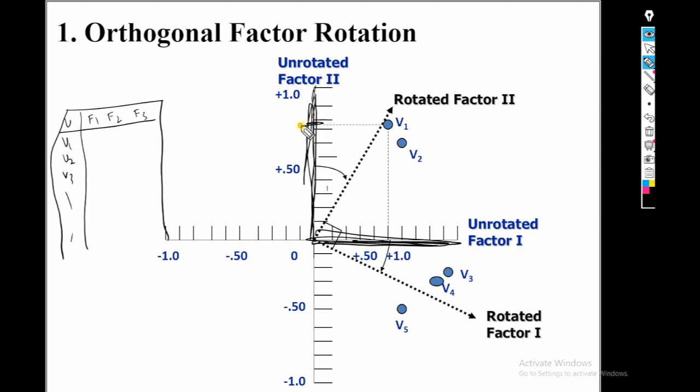When we project the variable here, its value is about 0.7, and on this one almost 0.5, and 0.1 for factor 3. So this particular variable gives a high value under factor 1 and a high value under factor 2.